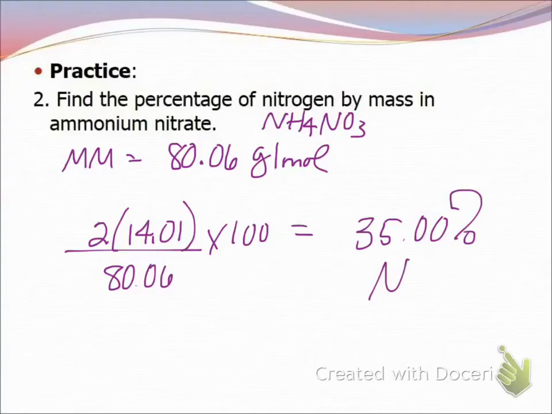So in that compound of ammonium nitrate, 35% of the mass is coming from the nitrogen. Okay? Any questions? For percent composition, I'm going to tell you report it to 2 decimal places. To 2 decimal places.